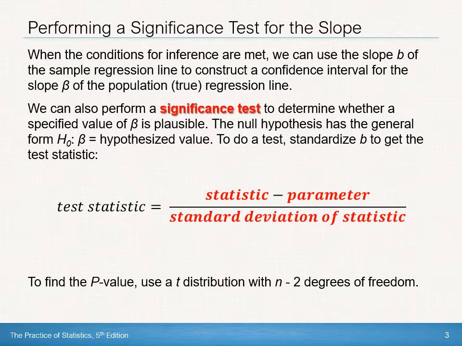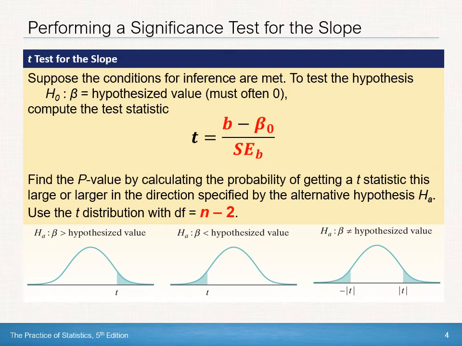The difference here is that the degrees of freedom will be n, the sample size, minus 2. Okay, when we do our hypothesis, the null hypothesis will be that beta, the true population linear regression line's slope, is equal to some hypothesized value, quite often 0.